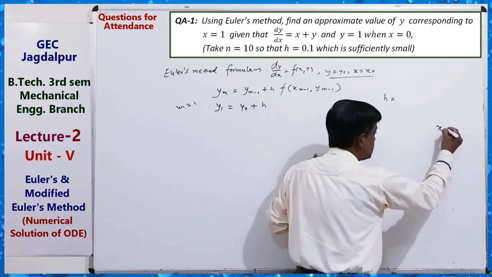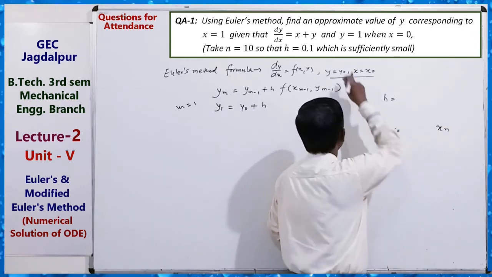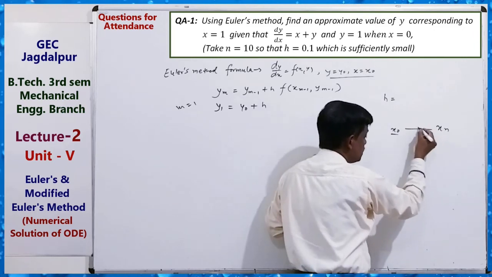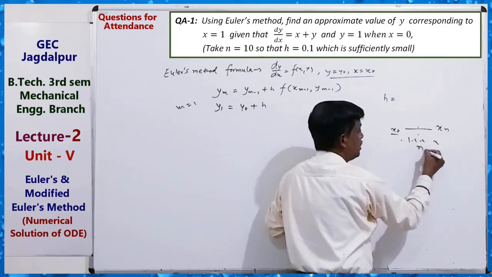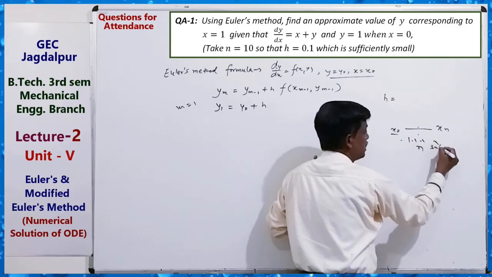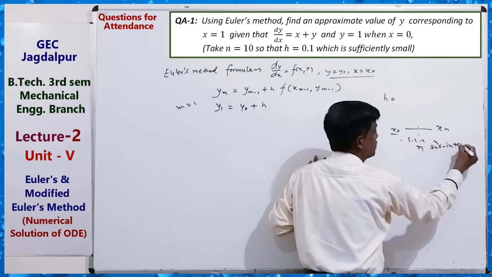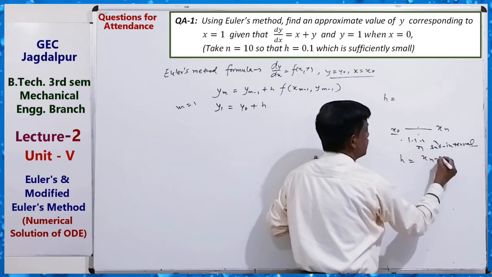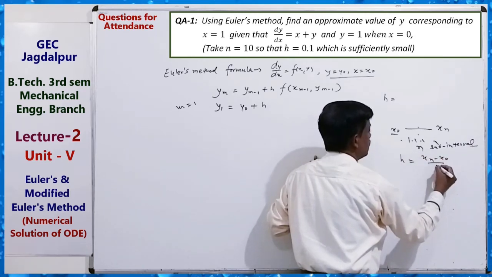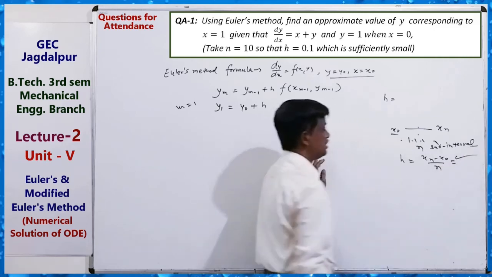If the required value is xn and starting value x0 is given, up to this it is divided into n sub intervals. So h can be found as xn minus x0 by n. This is the value of h.